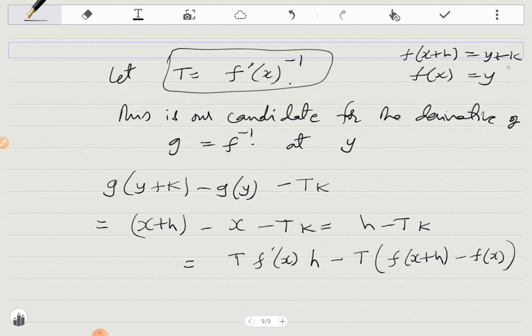So the difference between these two gives me k. So t of, with a minus sign, f of x plus h minus f of x minus f prime x h, which is good because the right side is exactly the numerator of the difference quotient for f.